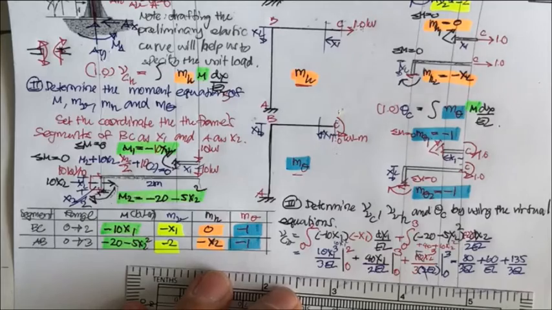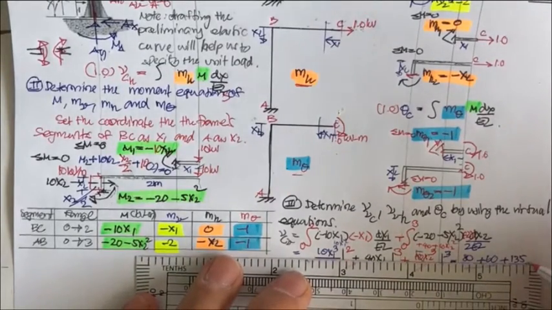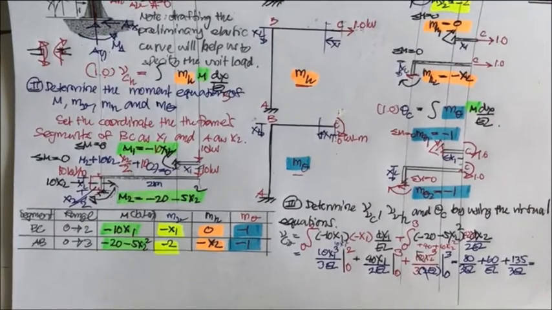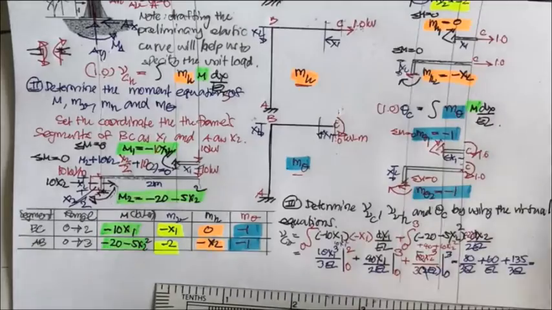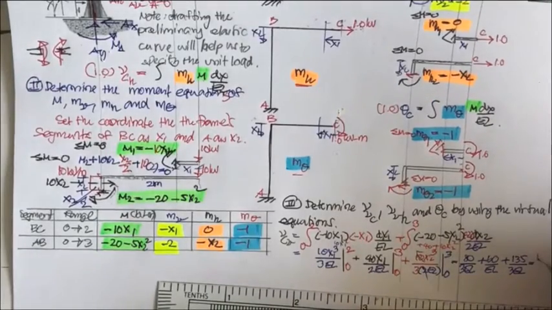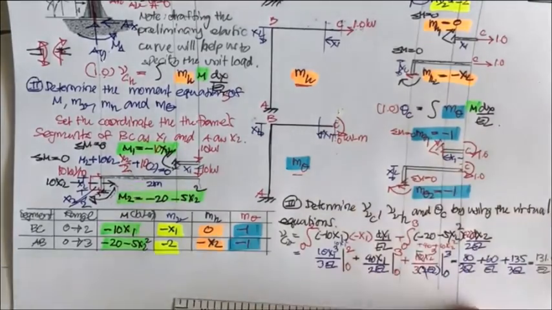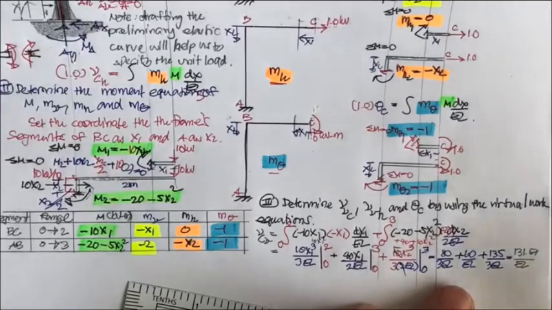If you put into your calculator, this is going to be 395 divided by 3. It's going to be 131.67 divided by EI.